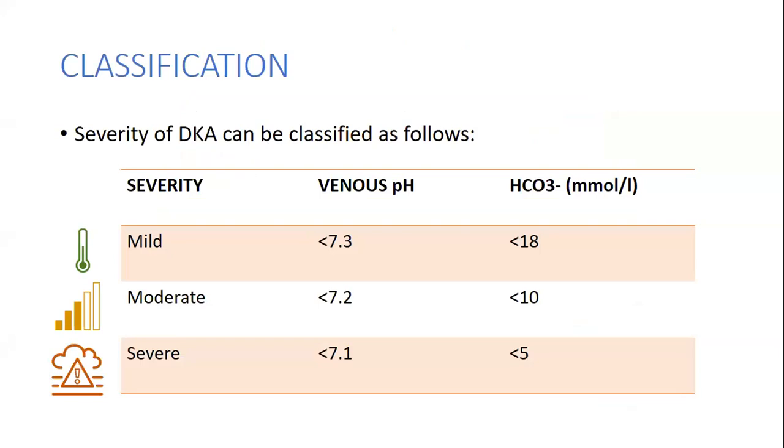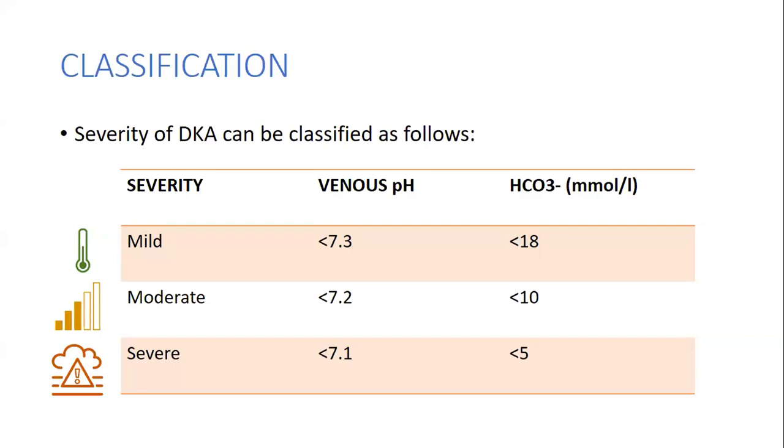So in terms of classification, we classify DKA based on the venous pH and the bicarbonate level. So we have mild, moderate, and severe. Mild DKA is when you have venous pH of less than 7.3 and bicarbonate that is less than 18.